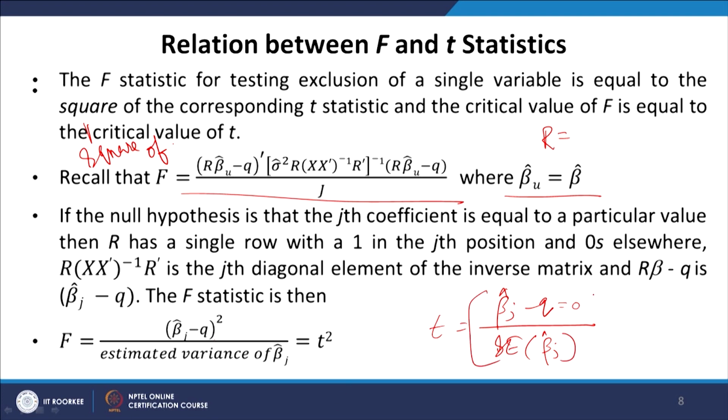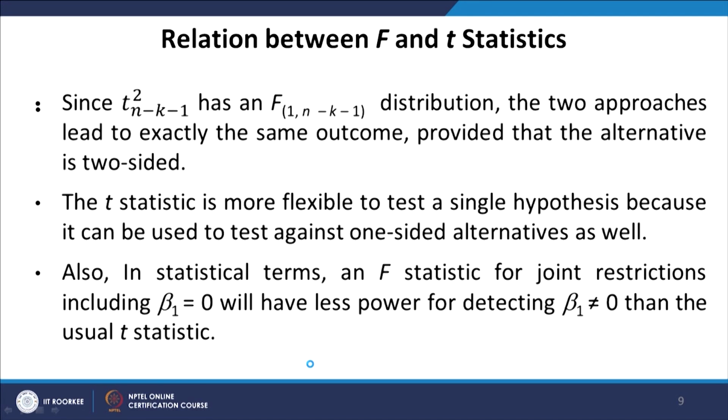So, when I square it, this becomes beta j hat minus q whole square divided by the variance of the estimated parameter. So, you can see that this is equal to t square, right. So, the F ratio is actually equal to the square of the t ratio or t statistic, since t with n minus k minus 1 degrees of freedom, squared, has an F(1, n minus k minus 1) distribution.